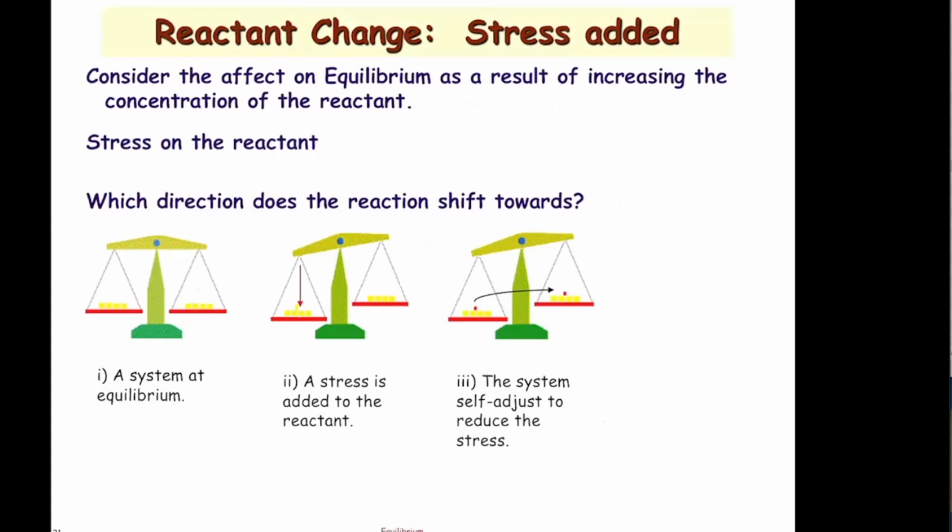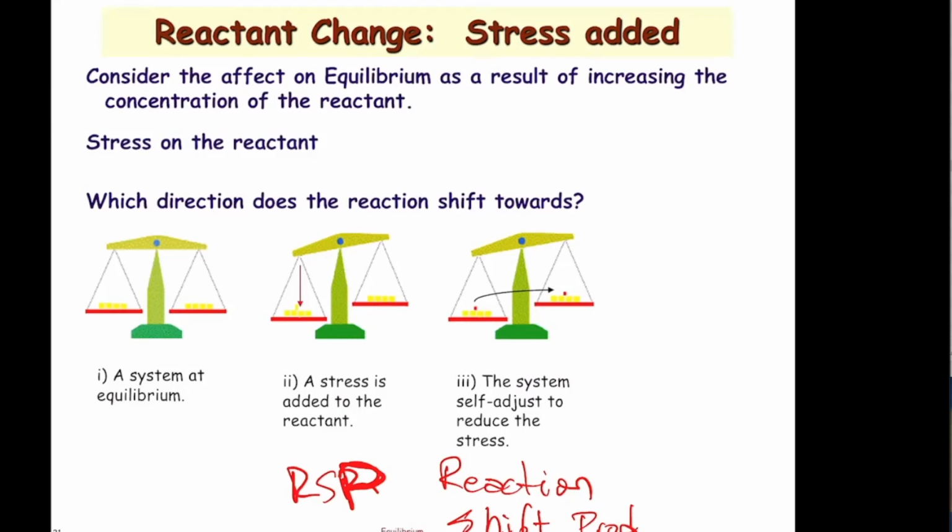By converting it over to product, we say that the reaction shifts to product. So we say RSP, not RSR. Or the reaction favors products, or products are favored. That's all saying that the reaction is moving in the forward direction.